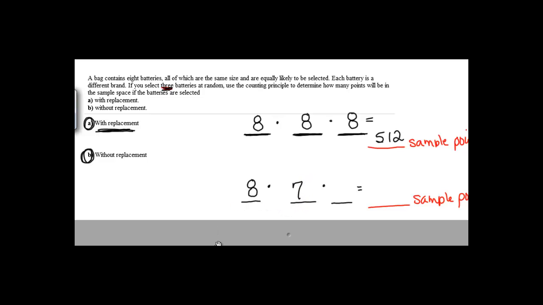And now I'll also not replace that battery. So the third battery that I select out of the bag, there would only be 6 left in the bag. So 8 times 7 times 6 is 336. So there would be 336 sample points in that sample space.